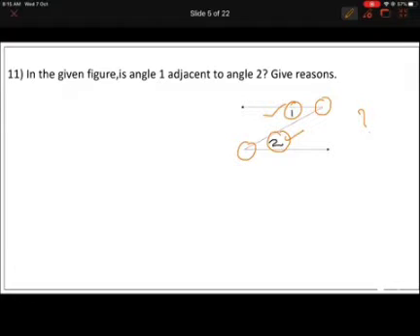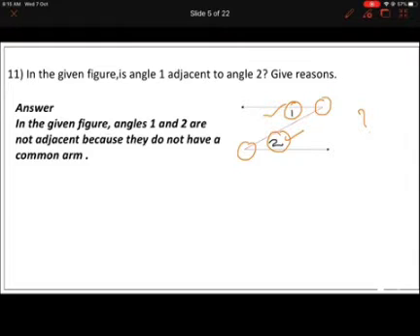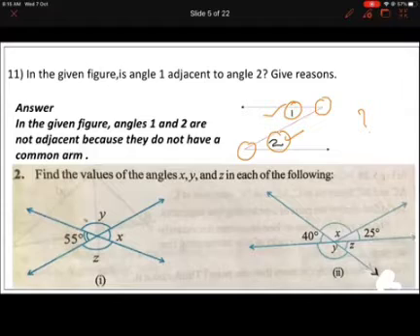Children, I hope that's clear. So, let's see what the answer is. In the given figure, angles 1 and 2 are not adjacent because they do not have a common vertex. Clear? Next main.